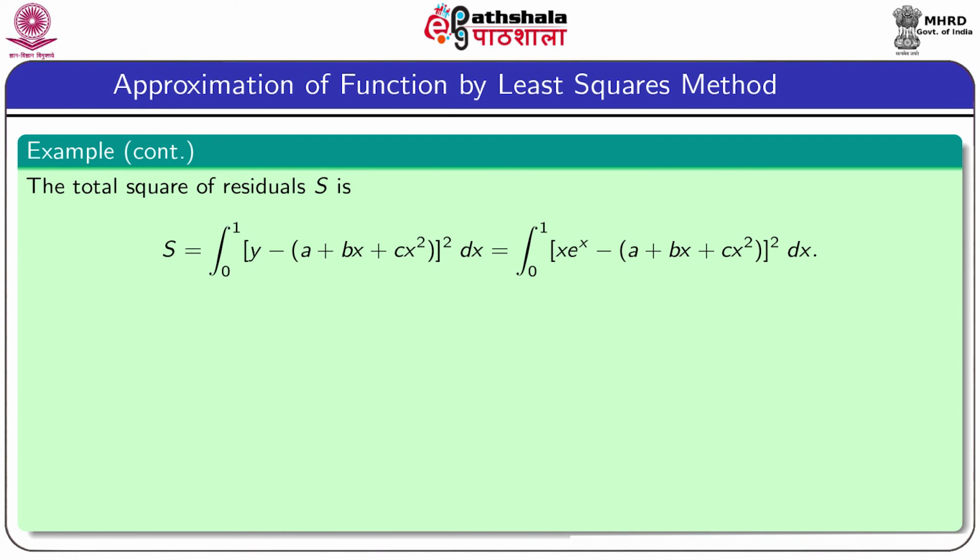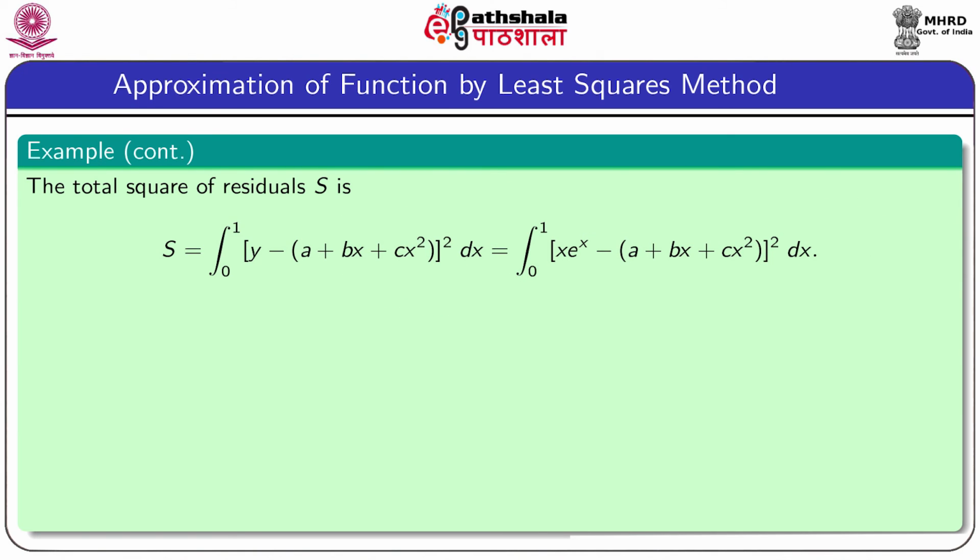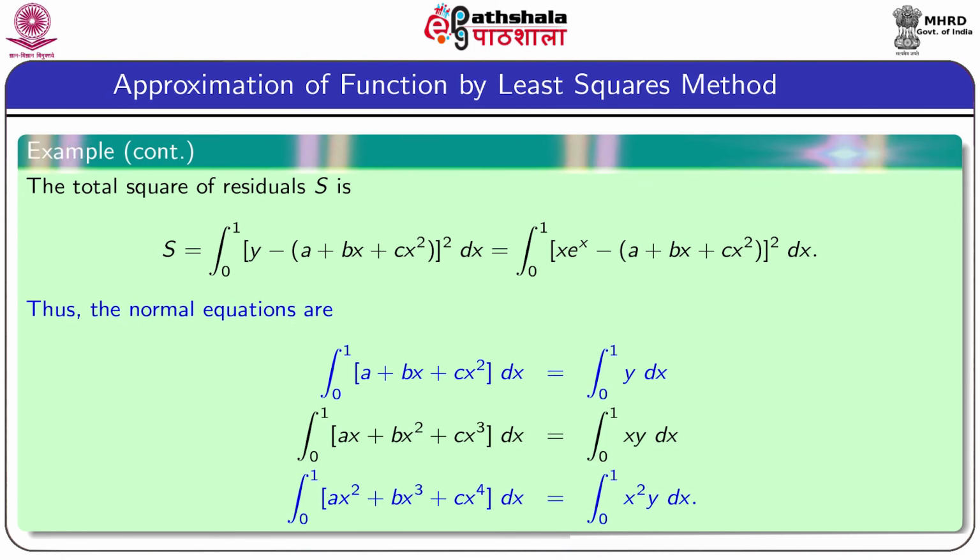The total square of residual S is the integral from 0 to 1 of (y − (a + bx + cx²))² dx, which is equal to the integral from 0 to 1 of (x e^x − (a + bx + cx²))² dx. Now, our problem is to find the values of a, b and c by minimizing S.